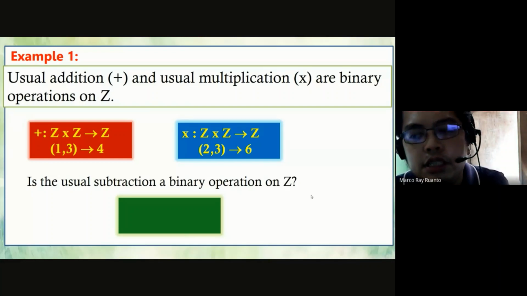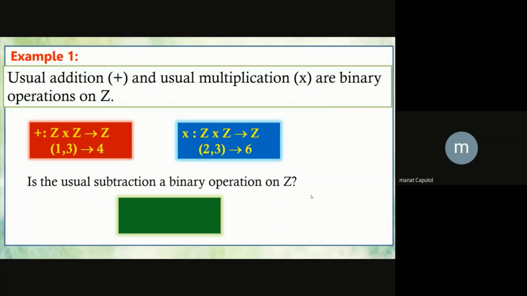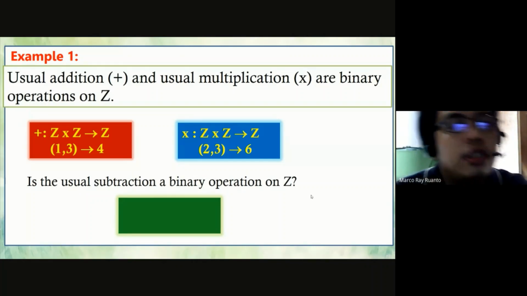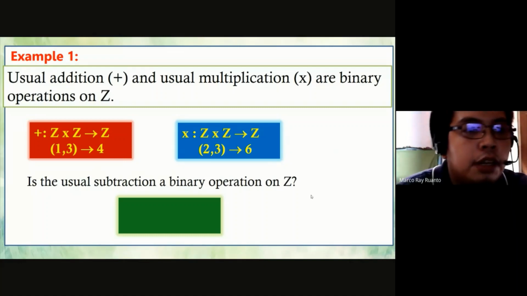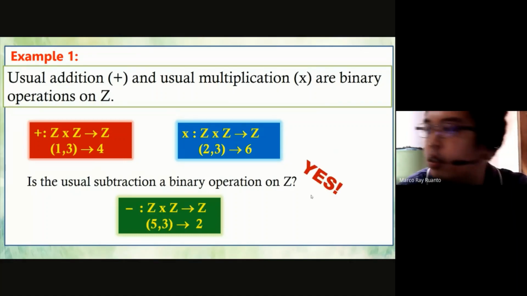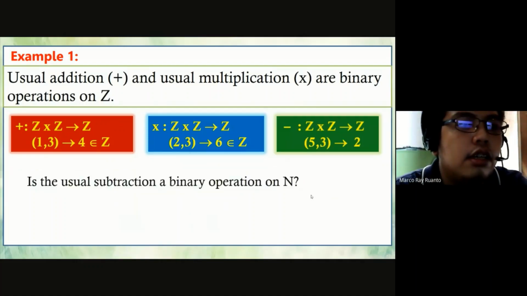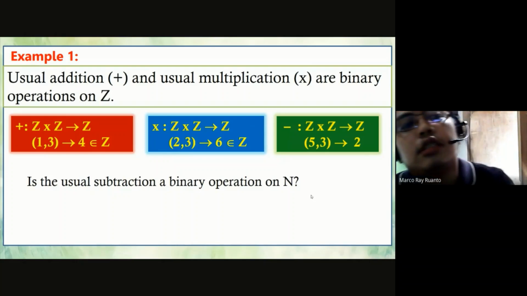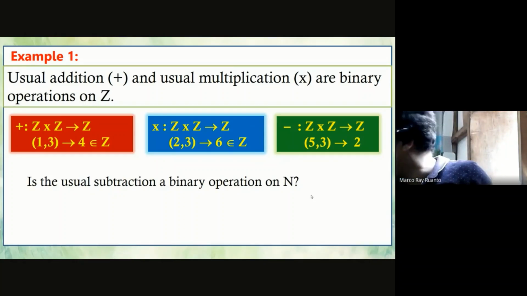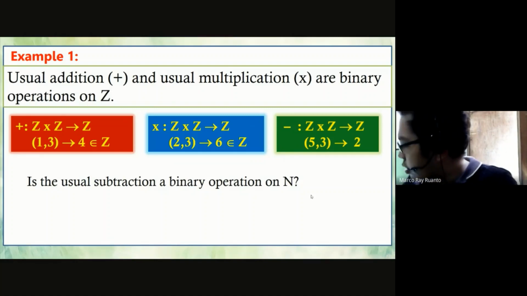Integers minus integers, is it still an integer? Yes, sir, integers still. So therefore, subtraction is a binary operation on Z. Okay. Is subtraction a binary operation on N? N is the natural counting numbers.